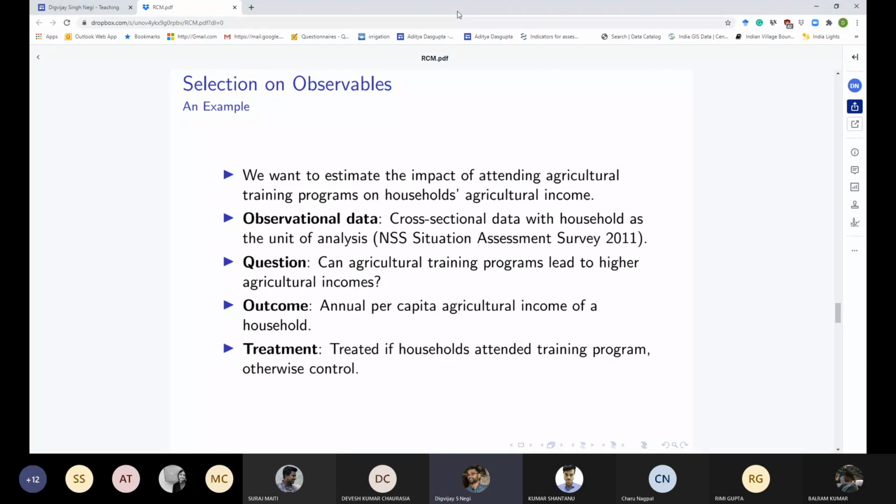So we have all the 3 things that we need. The treatment is whether they attended a training program, 1, or didn't attend, 0. And the outcome is per capita agricultural income. Okay, so that's what we are trying to do here.